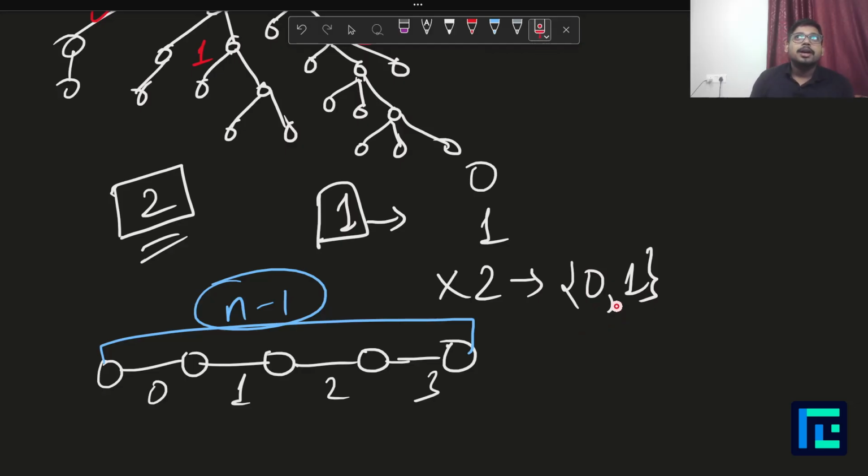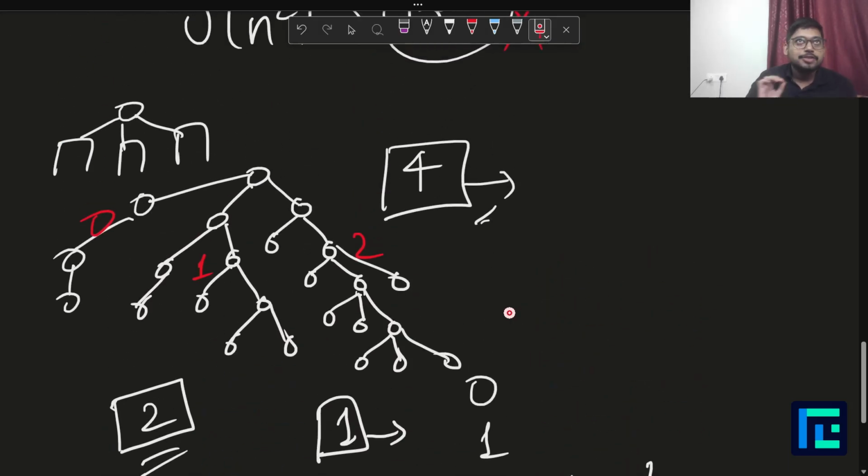So is it possible that you have a tree where, whatever path you take, in none of the paths do 0 and 1 come together? If you try to think, that is not possible, because let's say there is some random edge which has 0 and some random edge which has 1.